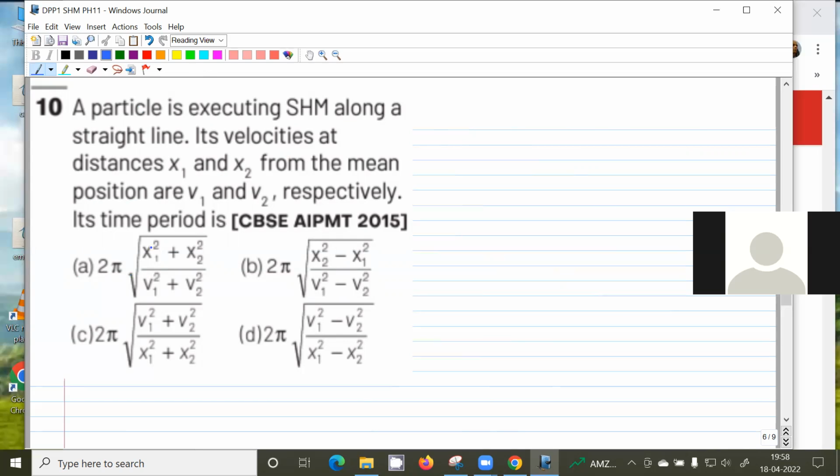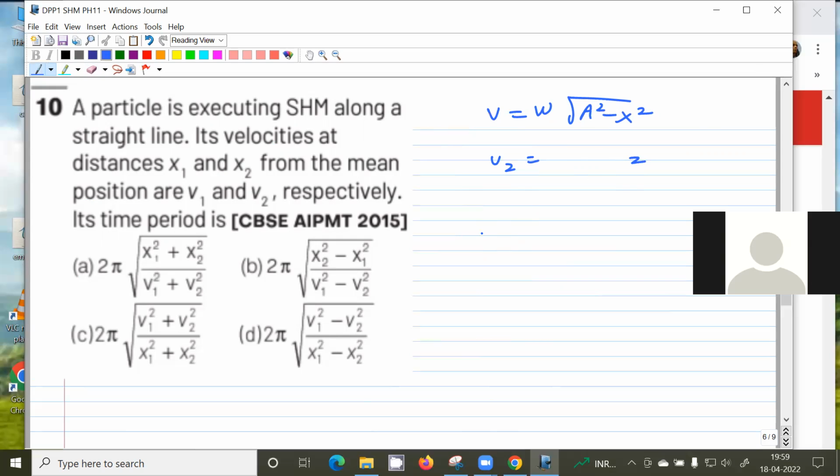Try this one. V2 will be omega into square root of a square minus x2 square.